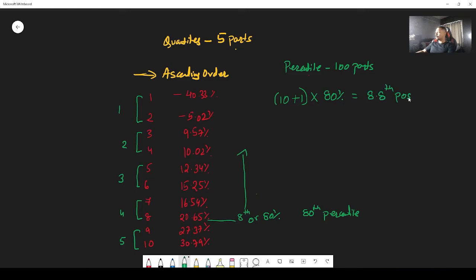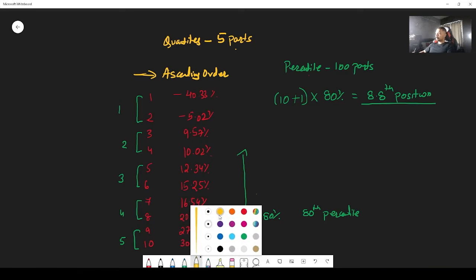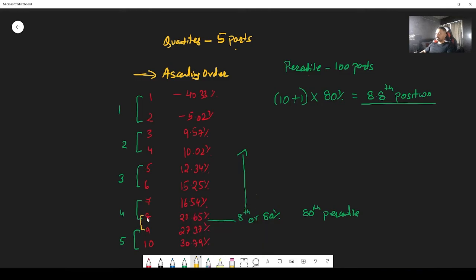Now, if you look at the data points, there is no 8.8th position, because we have the 8th position. So now if you want to find the 8.8th position, let me change the color again so that you don't get confused. I'm going to take a smaller value in yellow. So the 8.8 position is somewhere between the 8th and 9th, right?